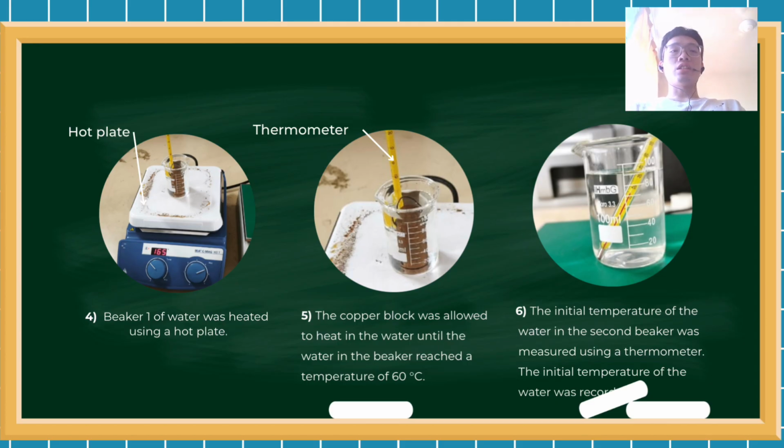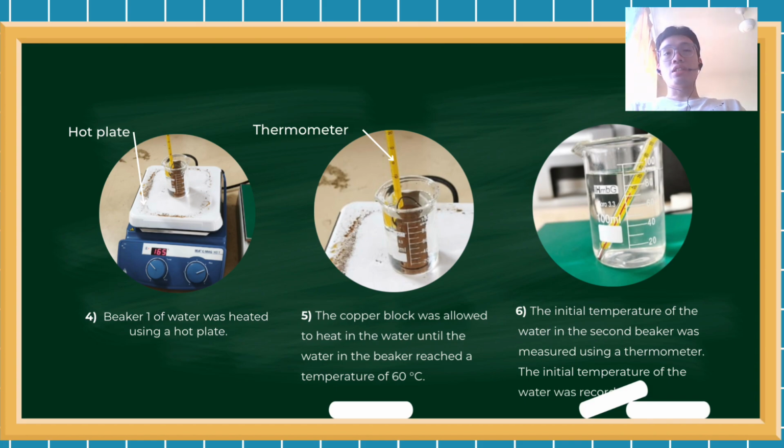Next, the temperature of the water in the first beaker was measured using the thermometer. When the water in the first beaker reached 60 degrees Celsius, the copper block was immediately transferred into the second beaker. Next, the second beaker was covered with aluminum foil.